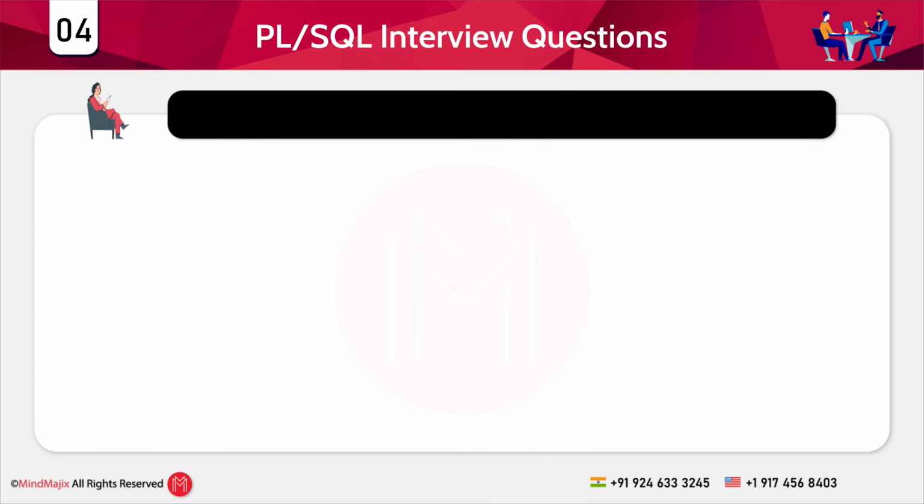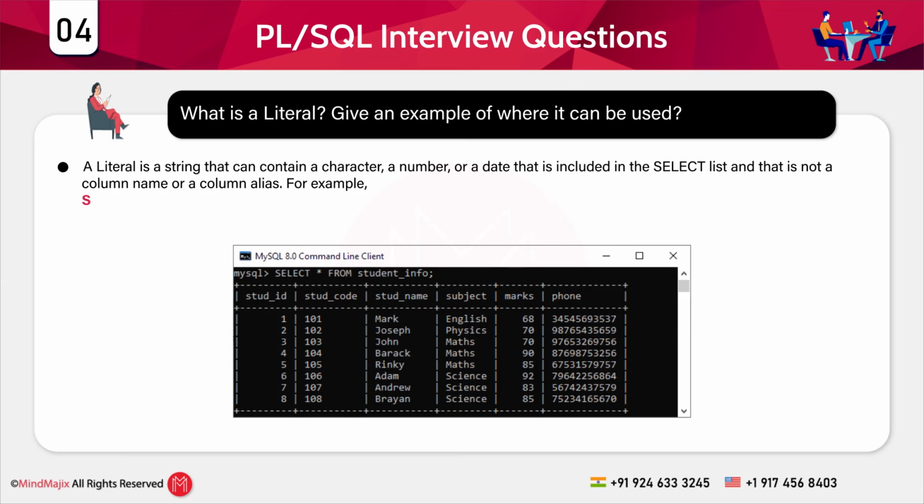The next question is, what is a literal? And give an example of where it can be used. A literal is a string that can contain a character, a number, or a date that is included in the select list, and that is not a column name or a column alias. Date and character literals must be enclosed within single quotation marks, and number literals need not be.